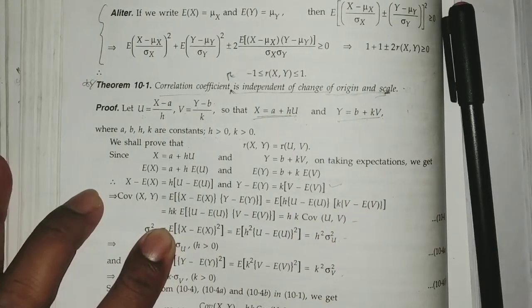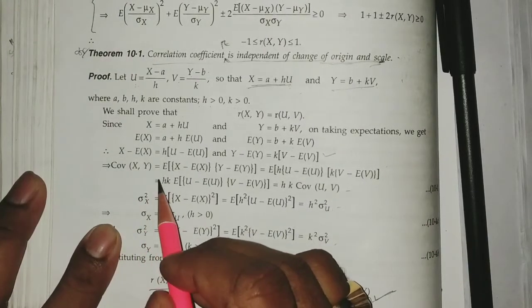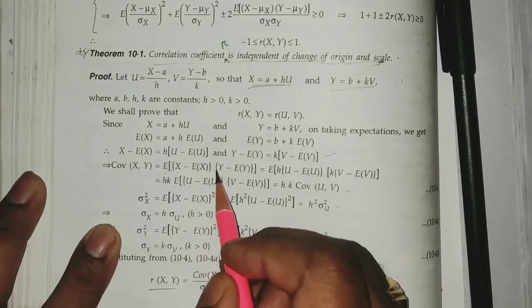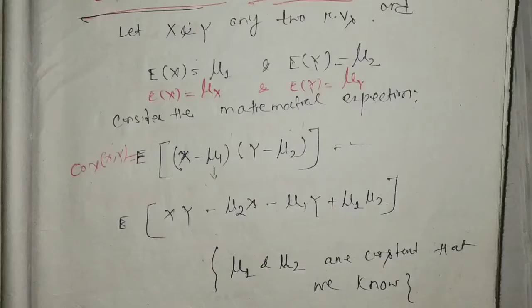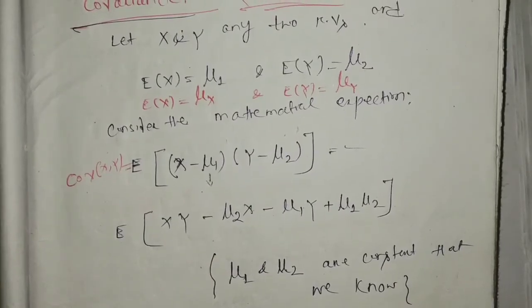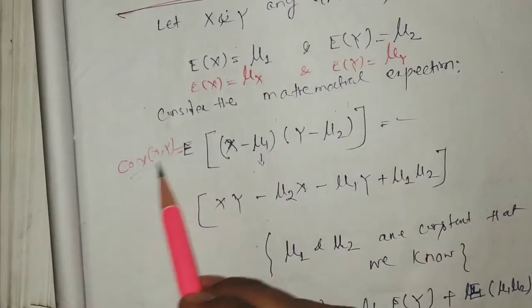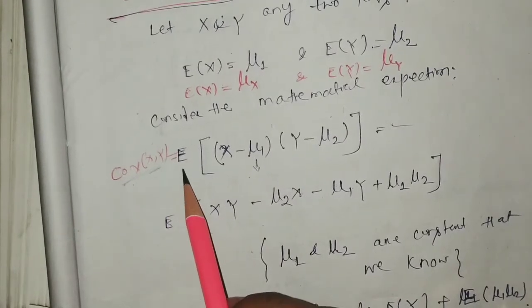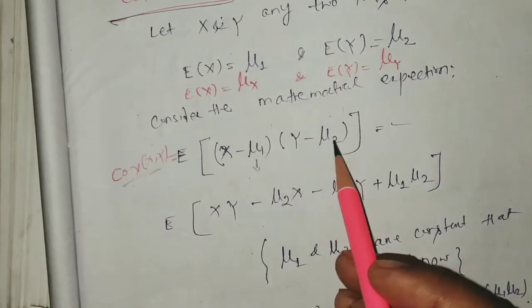Okay, now we are going to go for the covariance of x and y. We know that the covariance is nothing but the expectation of x minus the expectation of x, into y minus the expectation of y. You just go through your previous notes, you will find we have already discussed it, okay. You can check your notes. Here the covariance of xy, whatever we have discussed in our class, is the expectation of x minus mu1 into y minus mu2.